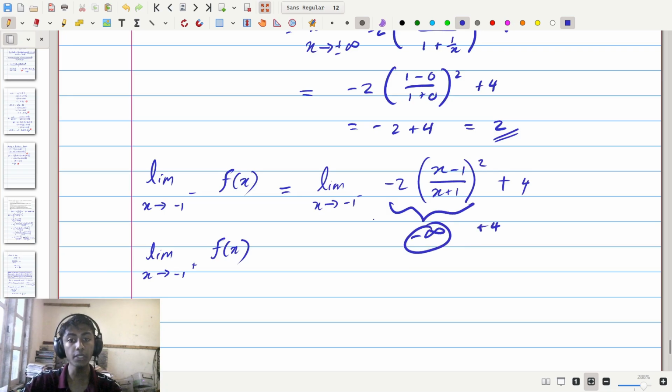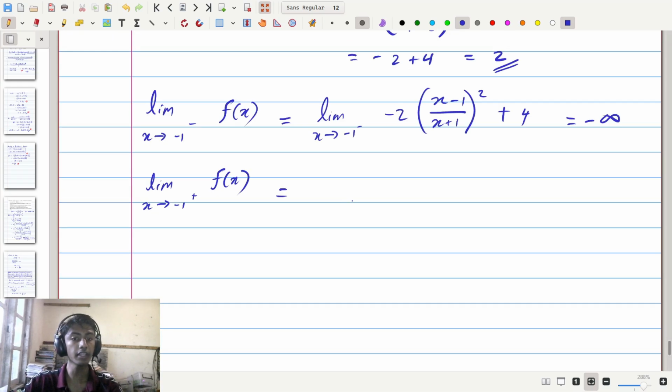And the reason we have negative infinity here is because on the inside we get positive infinity times -2, and therefore we get negative infinity plus 4, which the plus 4 becomes irrelevant, and therefore the final answer for this limit is negative infinity.